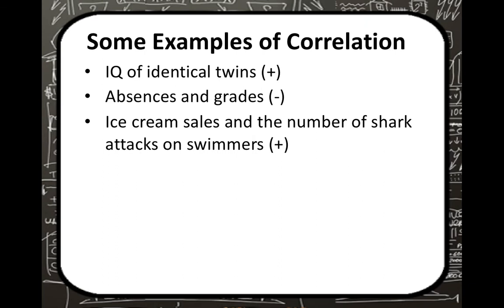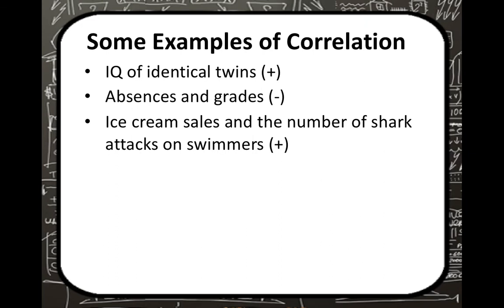The causal factor of a positive correlation in the IQ of identical twins is that they started as one fertilized egg, right? The causal factor in terms of absences and grades is, well, if you miss a lot of class, you're probably missing a lot of the content, and therefore your grades are lower, right?